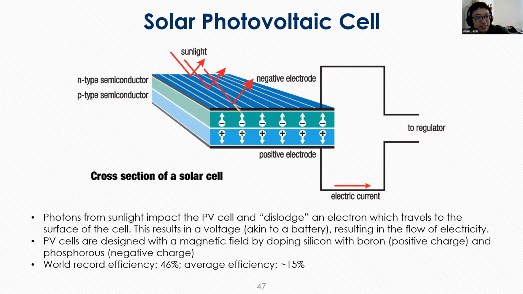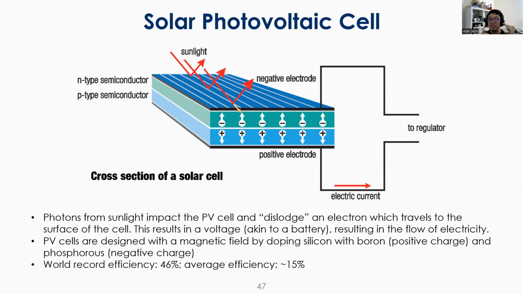And so the way this works, a solar PV, solar photovoltaic cell, is you have sunlight that comes down and impacts your PV cell. And the energy from the photon will essentially excite and dislodge an electron, which travels on the surface of the cell.